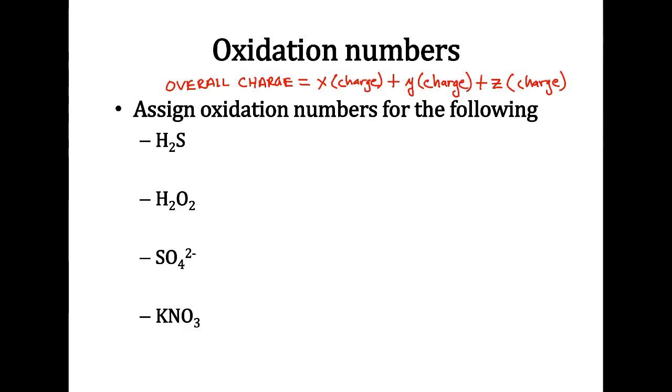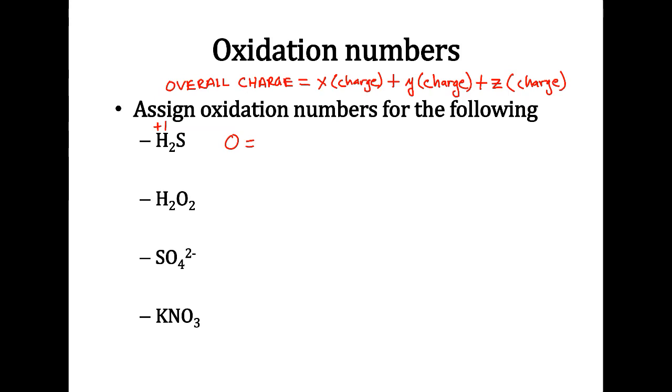So for H2S, okay, the overall charge is 0. So 0 equals, well, we know that hydrogen has an oxidation number of +1. So we're trying to figure out what the oxidation number is on sulfur. So how many hydrogens do we have?